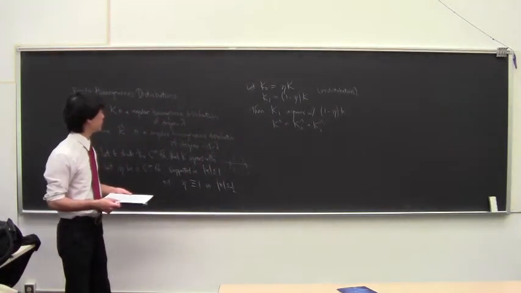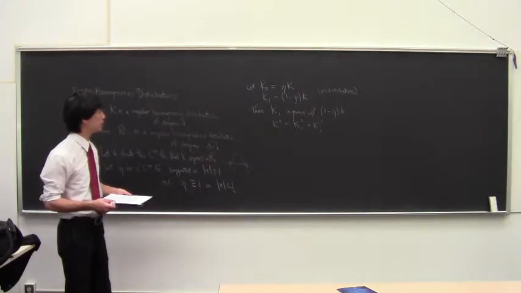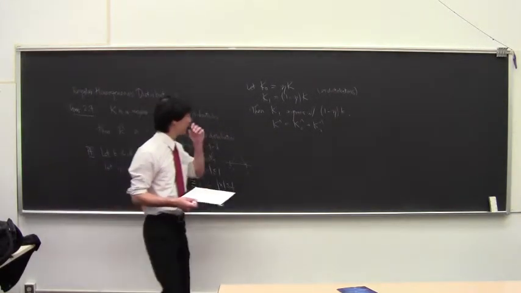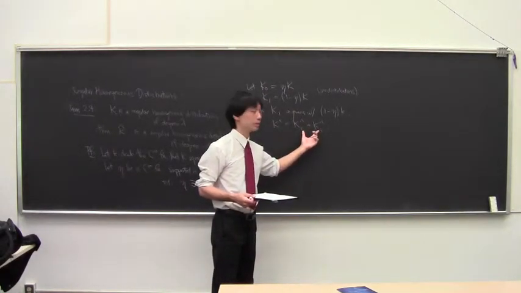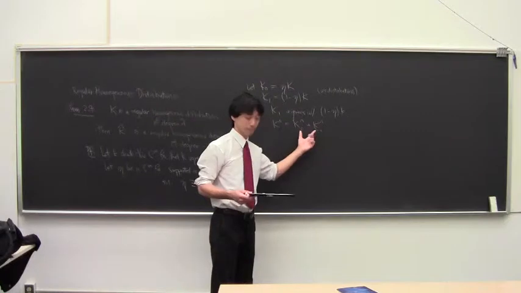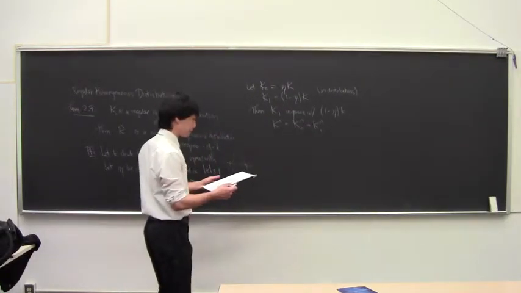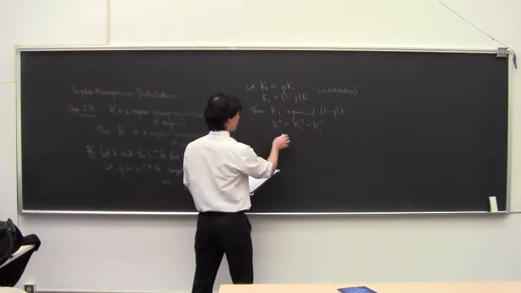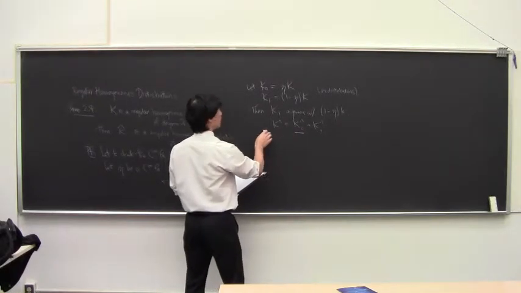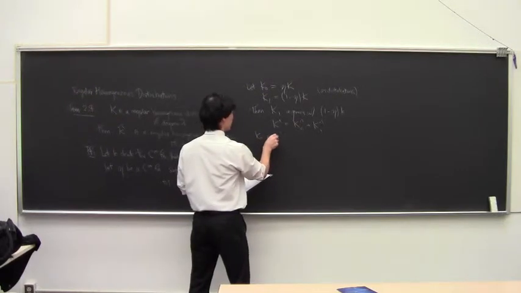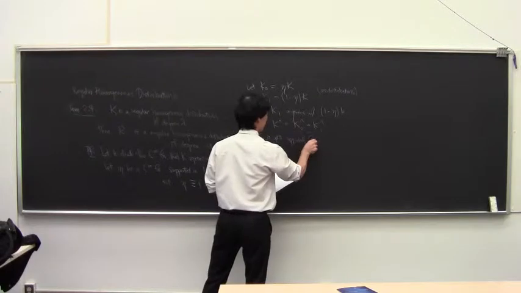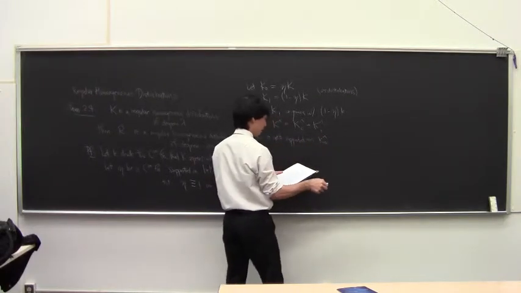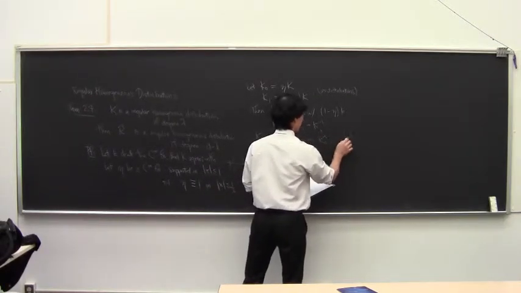So what we need to show is that these guys are regular, that they agree with functions away from the origin. We don't really have to worry about k naught at all because k naught is compactly supported, so we know that k naught hat is a C infinity function.